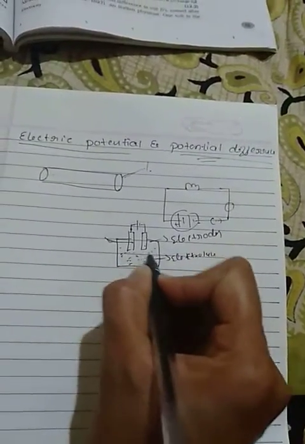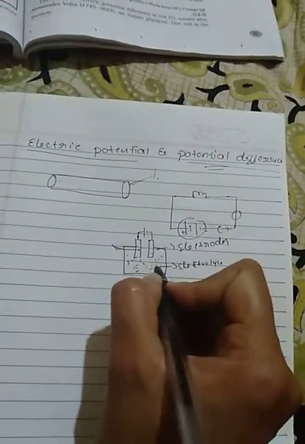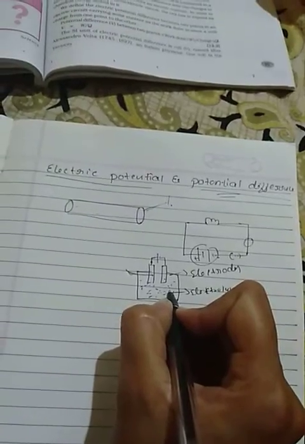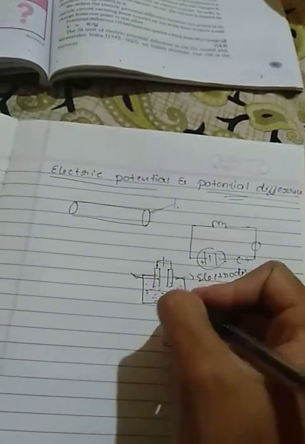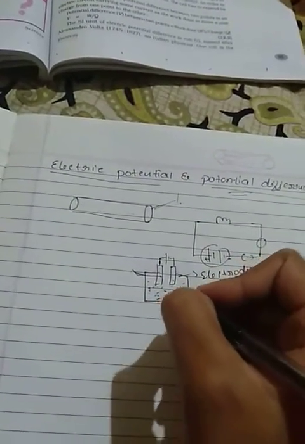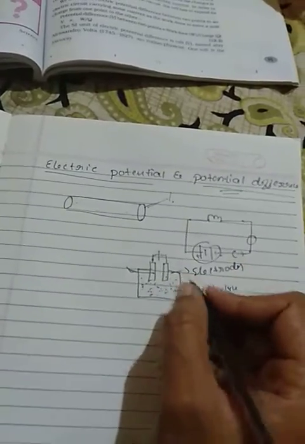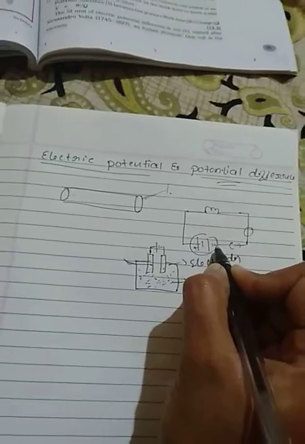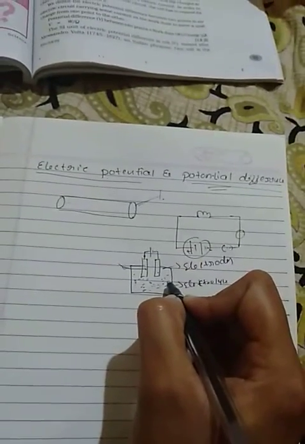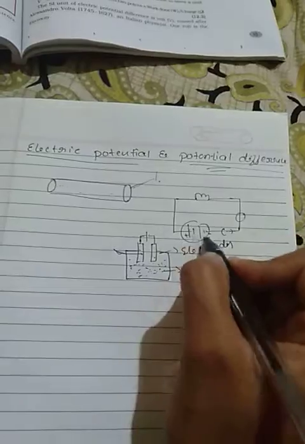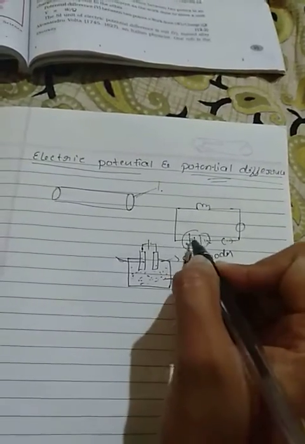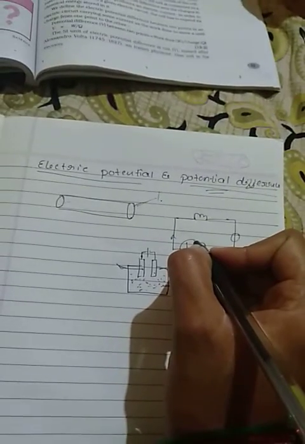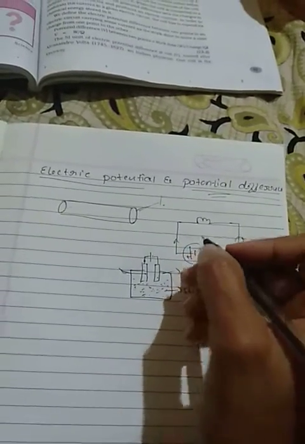Some chemical reactions occur within the electric cell. This chemical reaction generates the potential difference across the terminals of the cell.